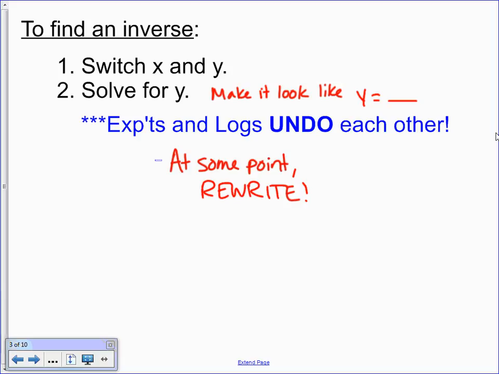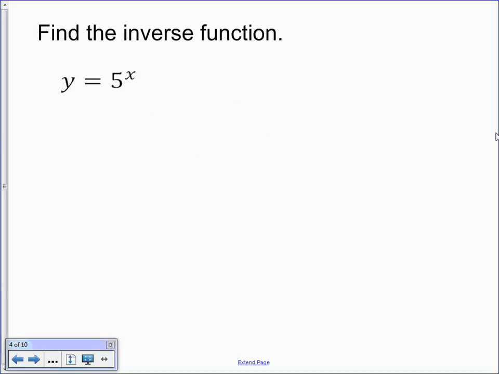Okay, so let's look at examples of writing inverses, and then eventually we'll move on to graphing to help us. So we're going to find the inverse function of y equals 5 to the x. This function, as you see it, would you describe it as an exponential function or a logarithmic function?